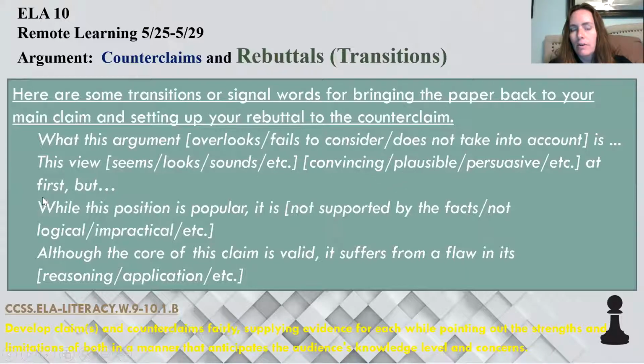And then you do it. So like on the second one, I could say, this view sounds plausible at first, but, this view sounds convincing at first, but, okay, see how I do that? All right, so that's important because you might need to use those later. And it also will help you recognize the rebuttals that are happening.